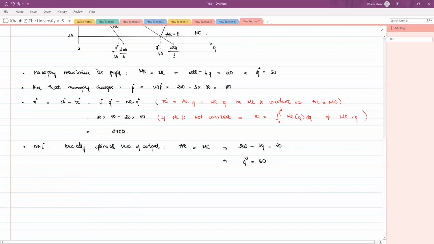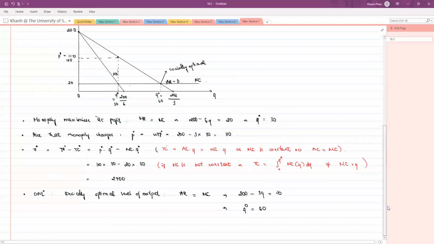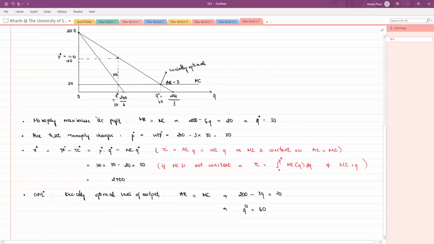After finding the socially optimal level of output, we know that the deadweight loss is just the triangle below the average revenue, above the marginal cost, and between the quantity Q star and quantity Q0, just like what we derived earlier in the previous tutorial.